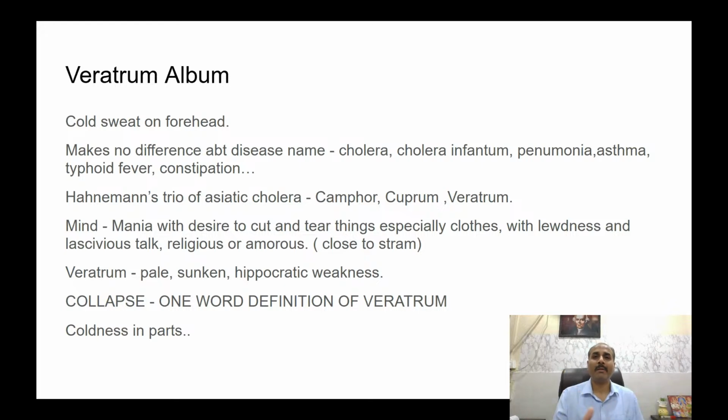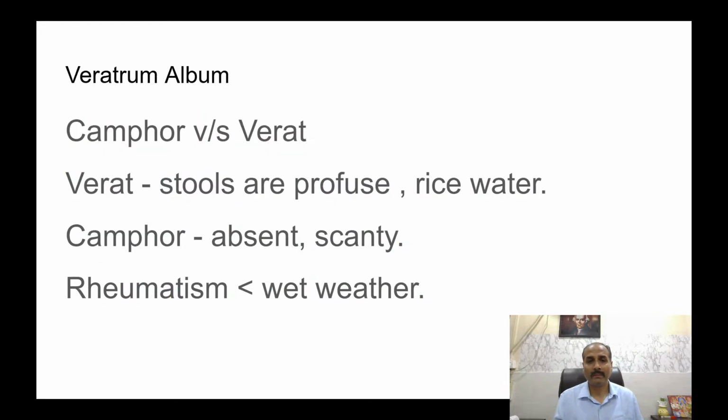Mnemonics are already available from a lot of homeopaths about the C's of Veratrum: coldness, cold sweat, collapse, and cholera, etc. So I'm not here to tell about all those things. But what Dr. Nash tells us is that if there are few things that are of prime importance, they are collapse and coldness in parts.